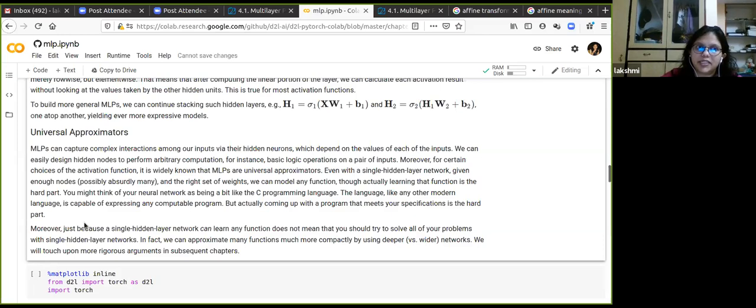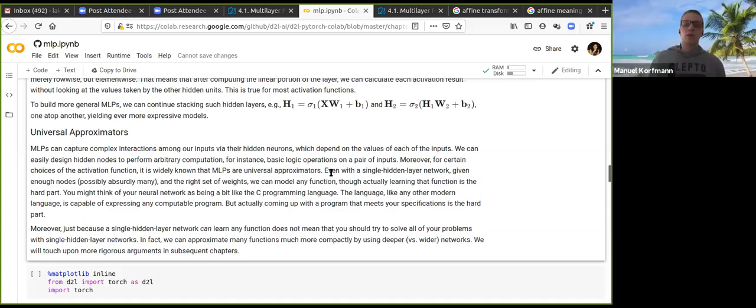Moreover, for certain choices of the activation function, it is widely known that MLPs are universal approximators. Even with a single hidden layer network, given enough nodes, possibly absurdly many, and the right set of weights, we can model any function, though actually learning that function is the hard part.